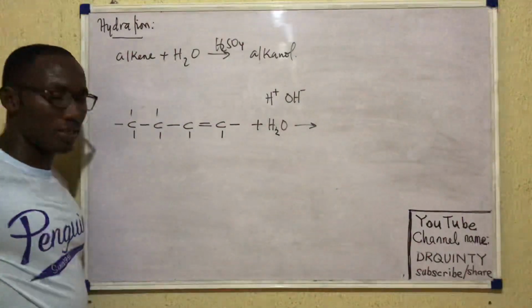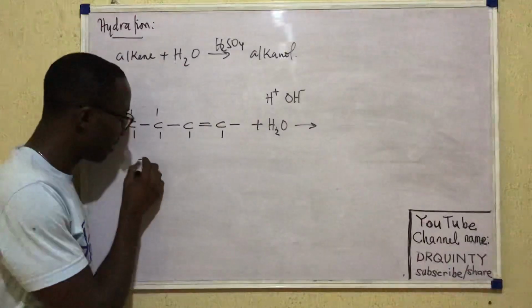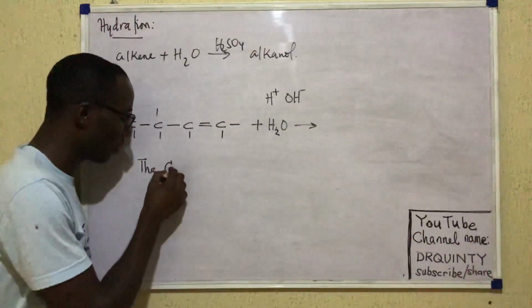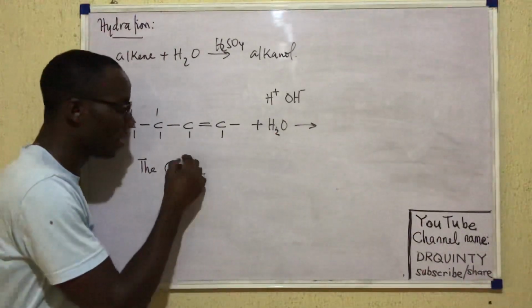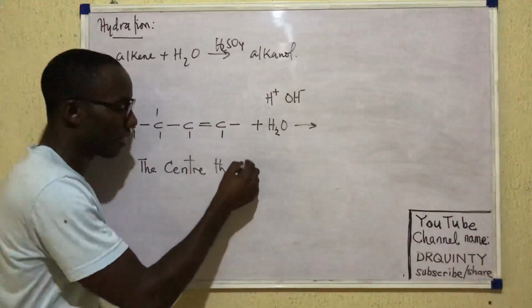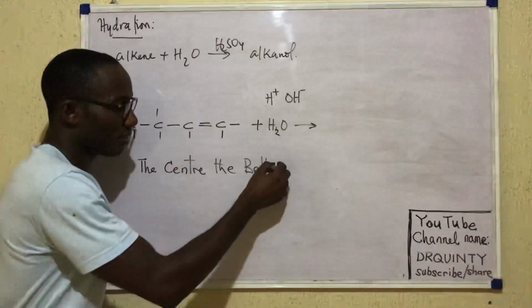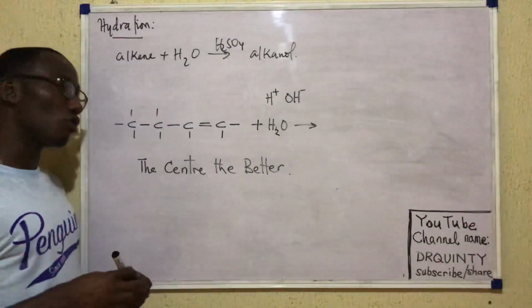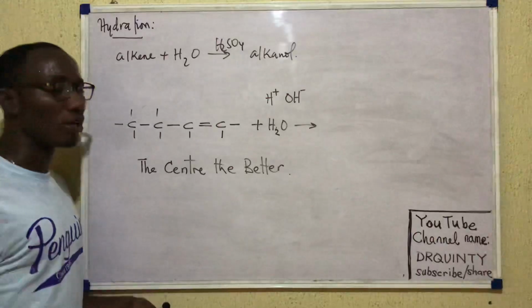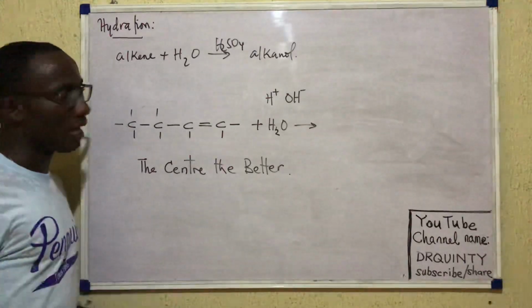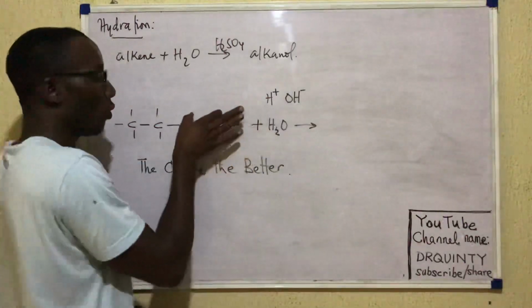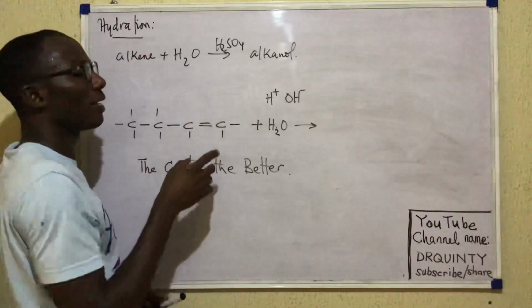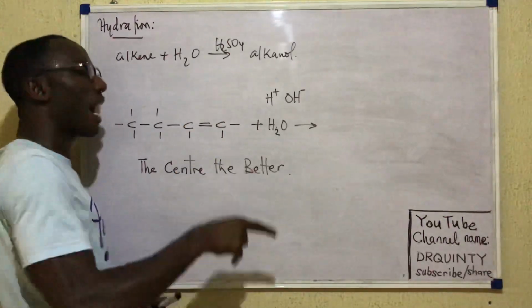During live classes with my students, there's my own version of Markovnikov's rule. I would usually say the center, the better. And each time I say the center, I get a resounding "the better." Because usually it's another way of seeing Markovnikov's rule. When you add H and OH to this compound, it's no longer an alkene, instead it becomes an alkanol.